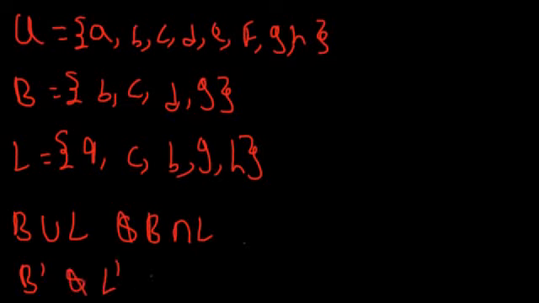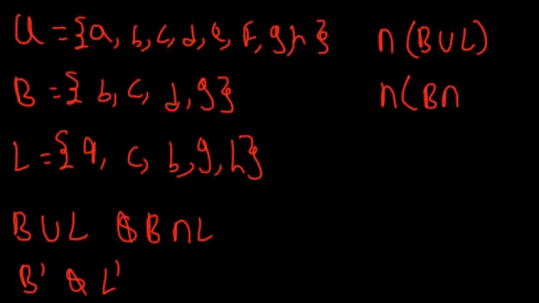At the same time, the number of elements in B union L and the number of elements in B intersect L. So please, you need to be very fast. What is your answer? So let's start to provide the solution.